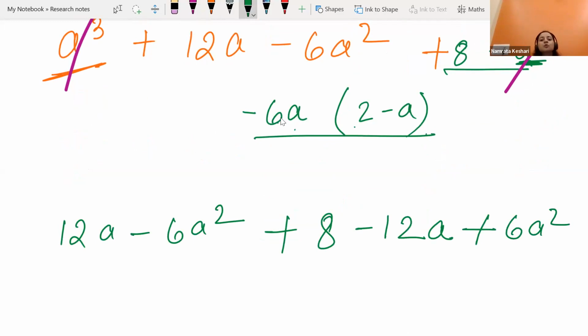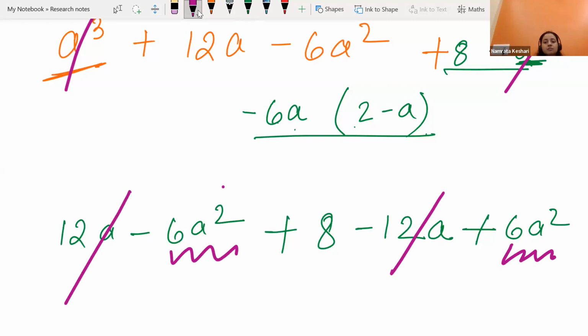Yes or no? We can cancel them. Yes. Minus 12A and minus 6A square and plus 6A square. 8 is the remaining. Is it difficult? No, ma'am. Okay, you just need to know the formula. If you know the formula, then this is very simple.